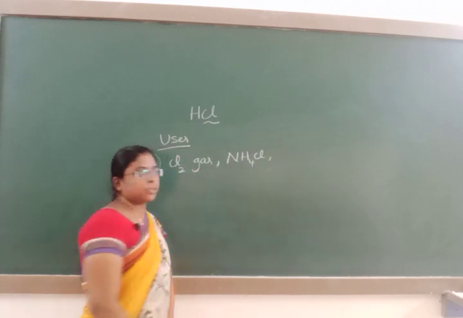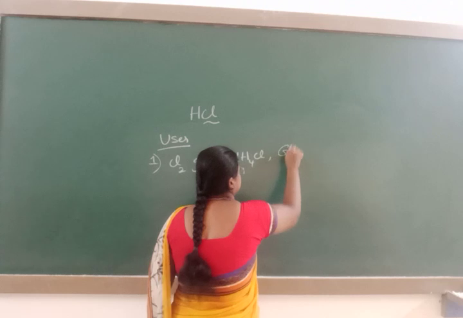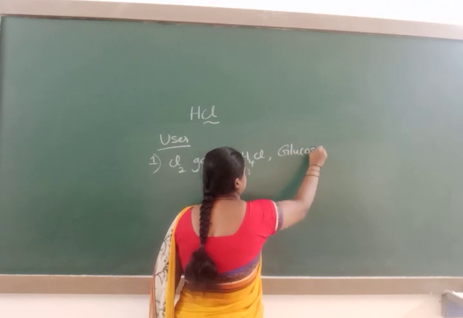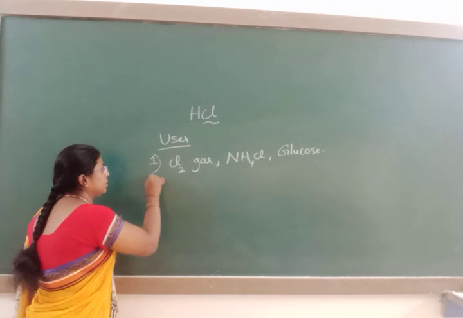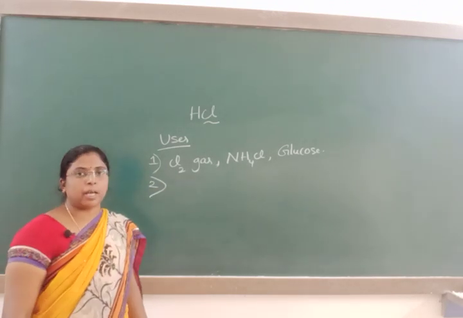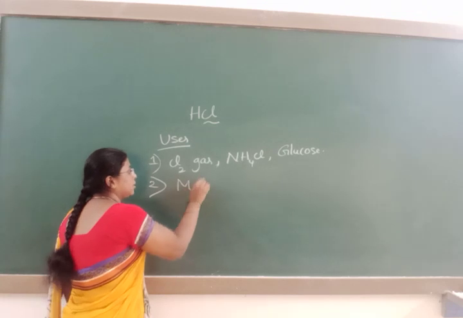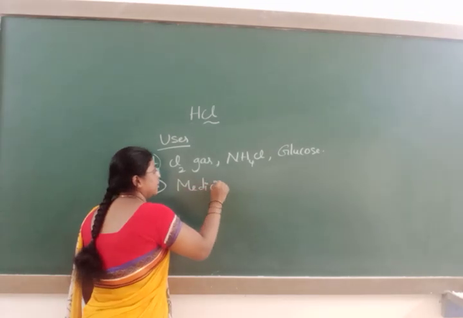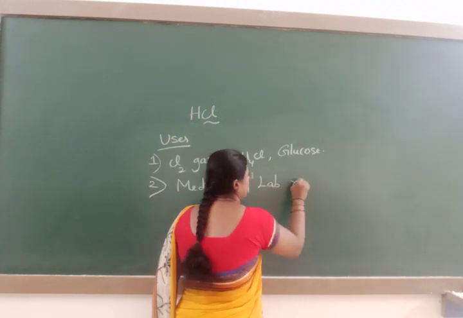It is used in the manufacture of glucose. You know that HCl is used as a laboratory reagent. It is used in manufacturing medicines, as well as a laboratory reagent.